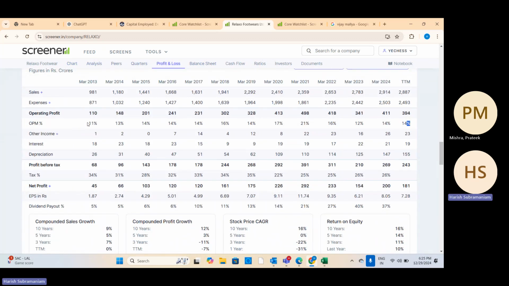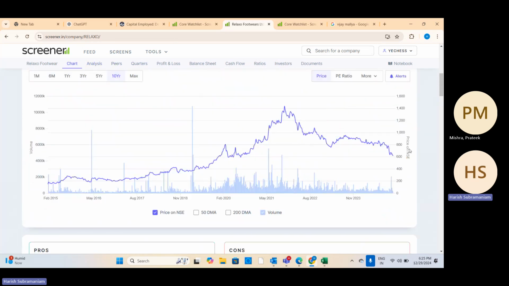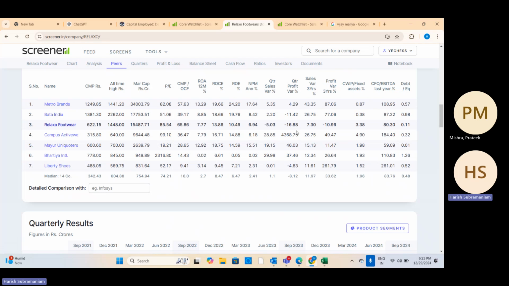Right. So as the operating profit margin went up, this company's net profit also started going higher. And then as the operating profit margin, as you can see here, has come down a bit, the net profit also has come down somewhat. And then the stock price also has come down. So the operating profit margin gives us a sense.